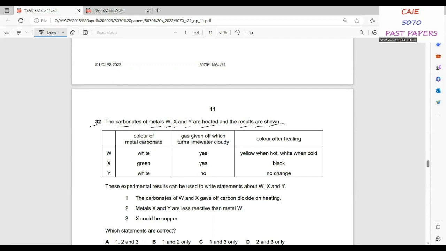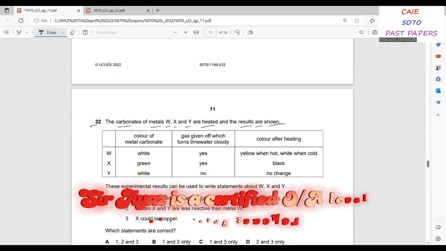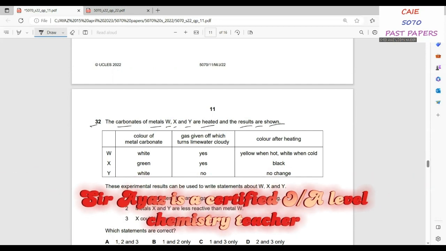X: the color of the metal carbonate is green, the gas given off turns lime water milky, and the color after heating is black. Y: the color of the metal carbonate is white, no gas is produced, and the color after heating shows no change.